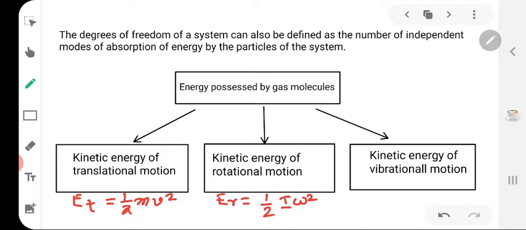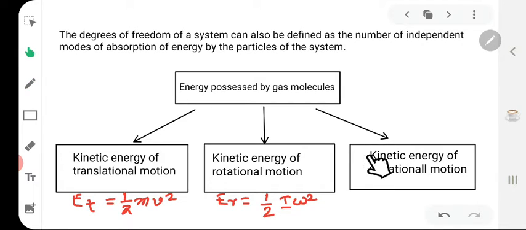If the gas molecule is treated as a point mass, then I is equal to 0, and hence such a gas molecule cannot possess kinetic energy of rotational motion. It is true even when the gas molecule may actually be possessing rotational motion. However, for a diatomic gas molecule, moment of inertia may not be 0, and therefore such a gas molecule can possess kinetic energy of rotational motion.